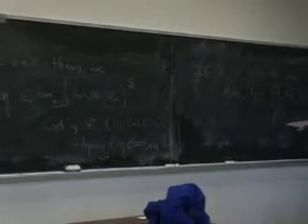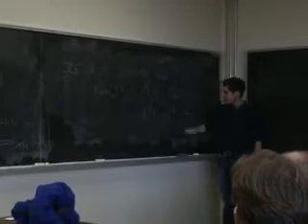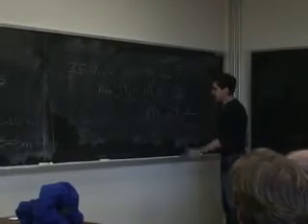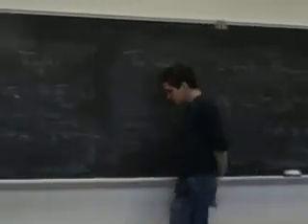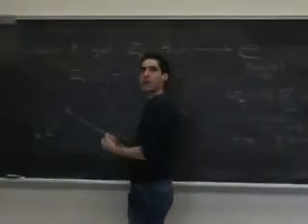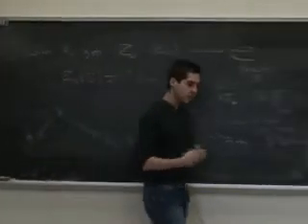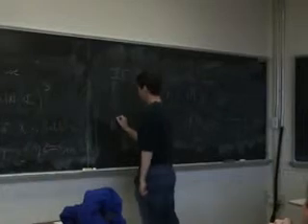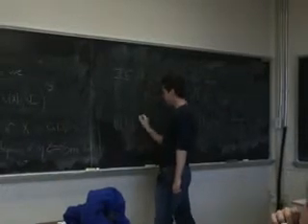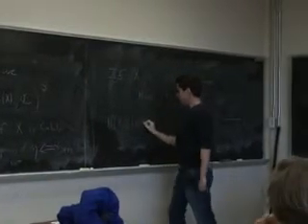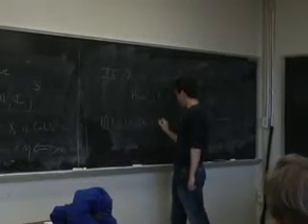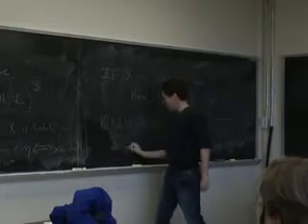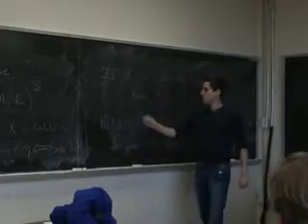That is, this trace map on Hn of X with coefficients in its canonical bundle is supposed to give you some sort of perfect pairing between the cohomology of X with coefficients in E and the cohomology of X with coefficients in E dual tensor omega X. Using this trace map, there's some sort of pairing.